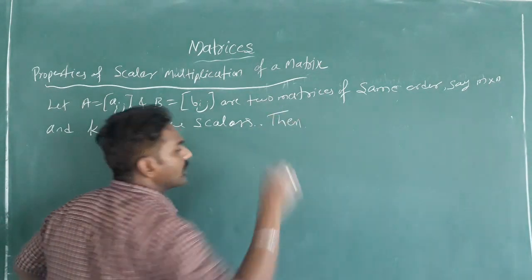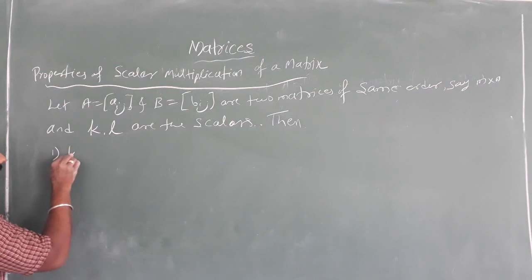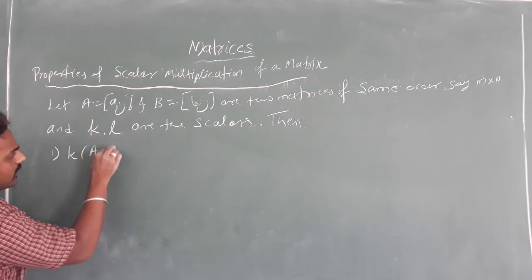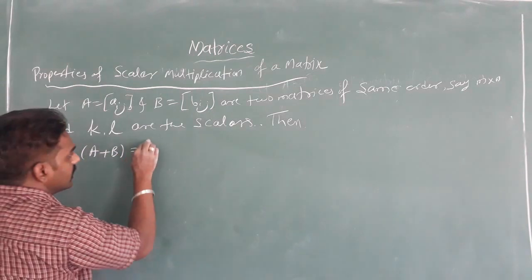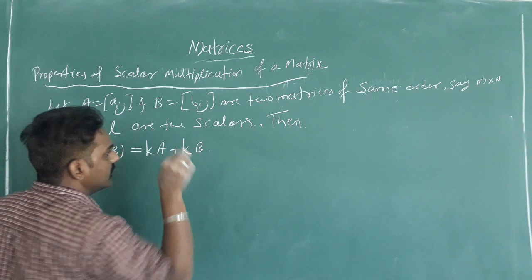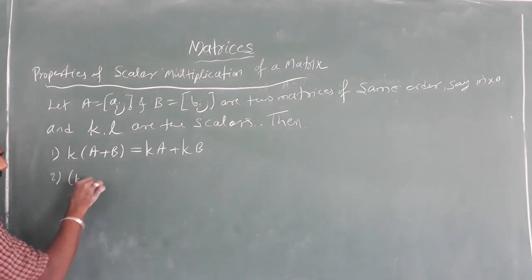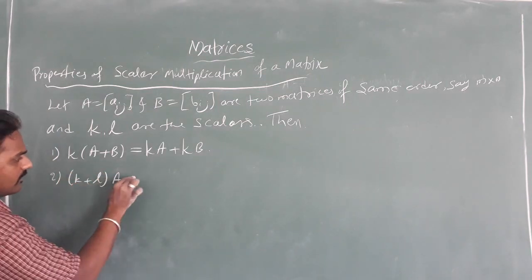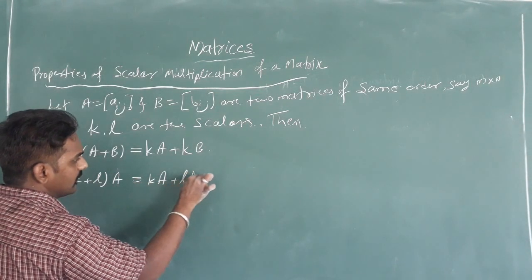Then see the property here, friends. k into bracket A plus B, what we get here? kA plus kB. Next, k plus l of A, what you get here? kA plus lA.